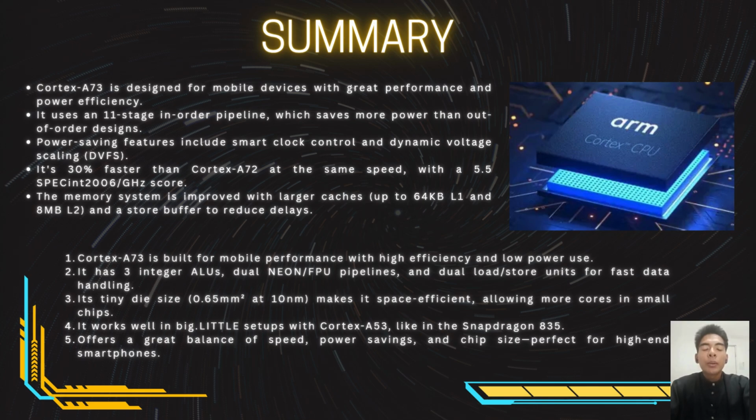So the memory system is improved with a larger cache and a store buffer to reduce delay. This is built for more performance devices and high efficiency, and it also includes low power use.